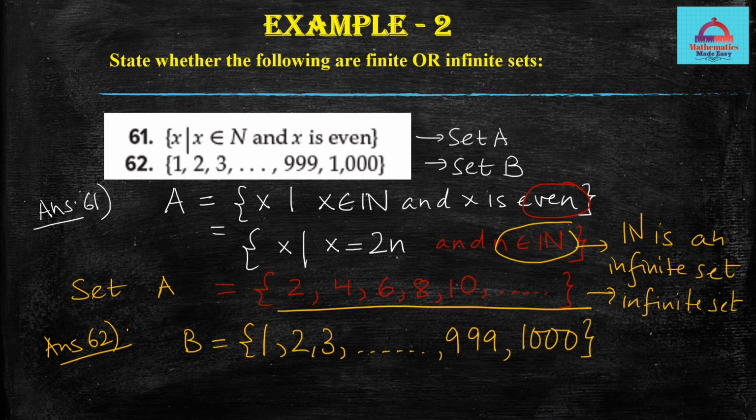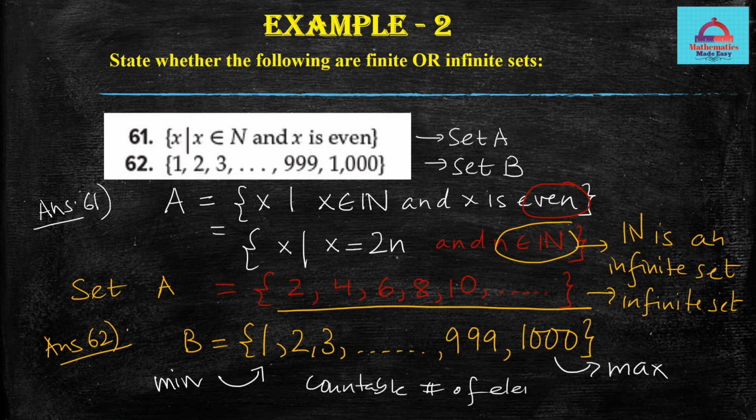I hope you all can see that very clearly, that it has a minimum, it also has a maximum, and in between it has some elements. Now we don't need to be sure how many elements there are, but at least we can say that these are a countable number of elements. So if they are countable, you can definitely count them, and you could safely say that the set B that you have got is a finite set.